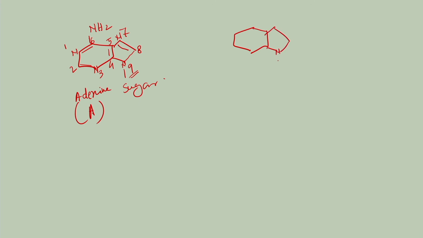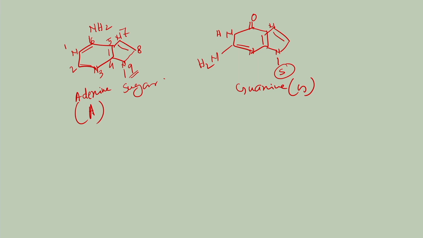N, sugar, writing S for sugar, then double bond, there is N here. So, it has to be NH, there is another N, there is another N in here, that has to be a double bond. So, this is guanine, represented by G.